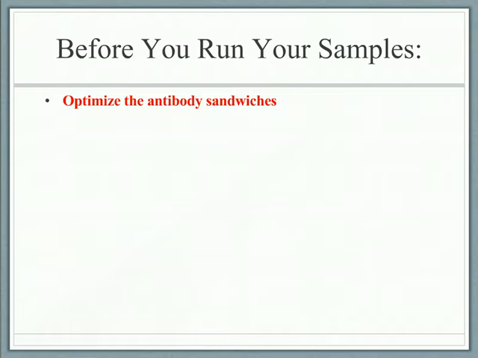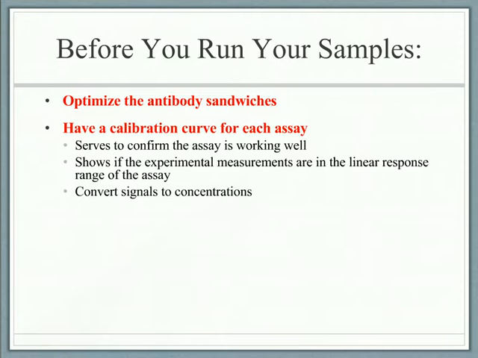And I'll show you in the next slide how multiplexed assays make this kind of optimization really efficient, whereas in standard approaches, much more sample and many more experiments are needed to optimize, but with multiplex assays we can optimize the capture detection sandwich easily.